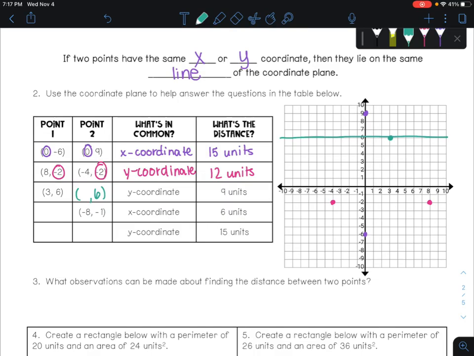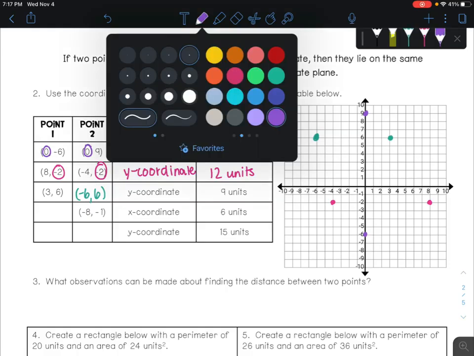So I'm going to go 1, 2, 3, 4, 5, 6, 7, 8, 9, and I'm going to put my point right here. So that is -6, 6, which I can just double check. 3 is 3 away from 0. -6 is 6 away from 0. It totally works.